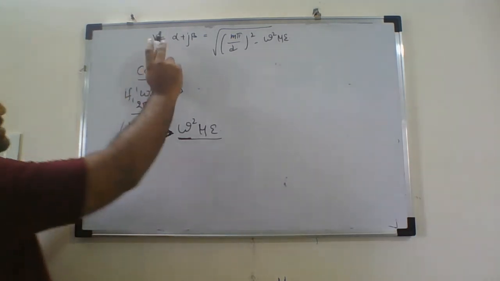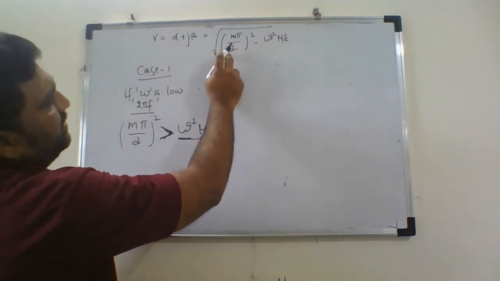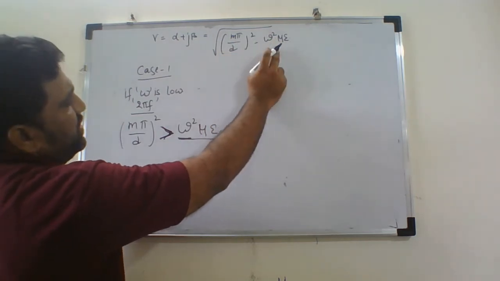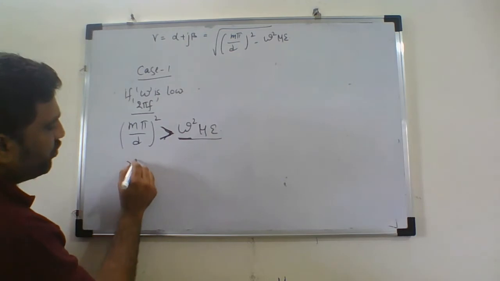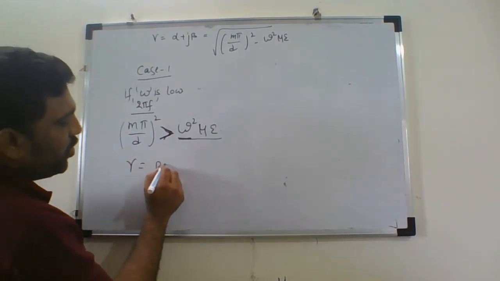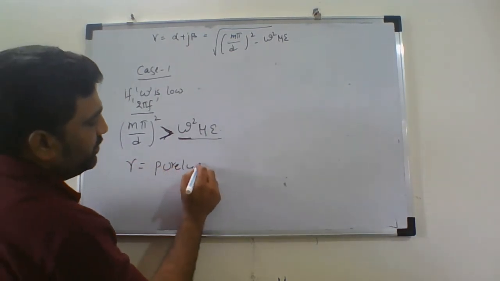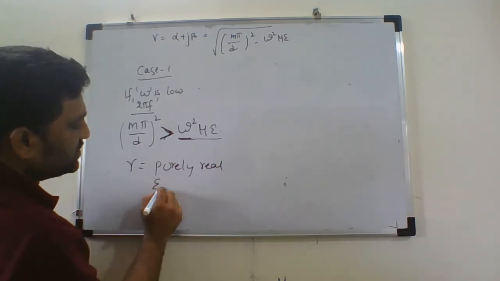So what will happen? The term inside the root is positive, and therefore gamma will be purely real and positive.